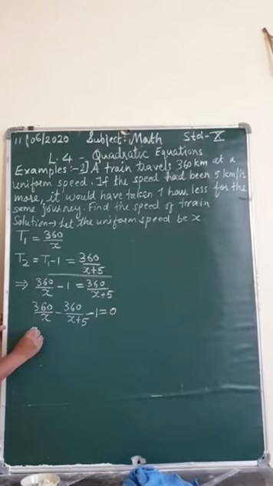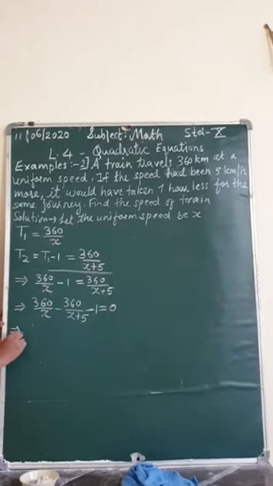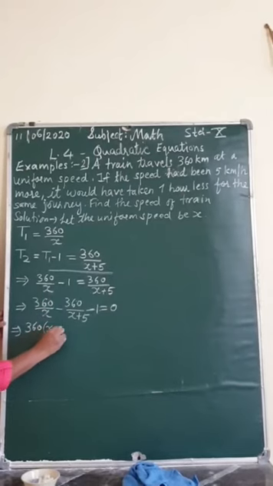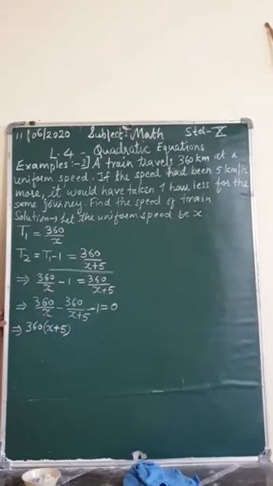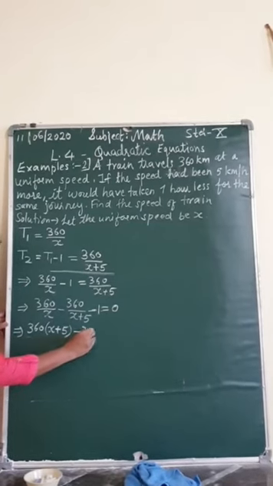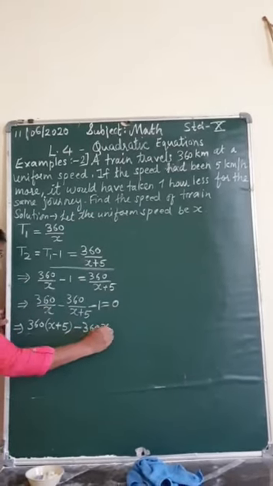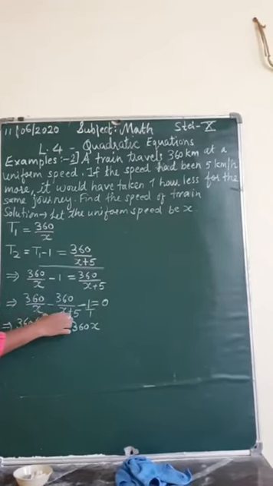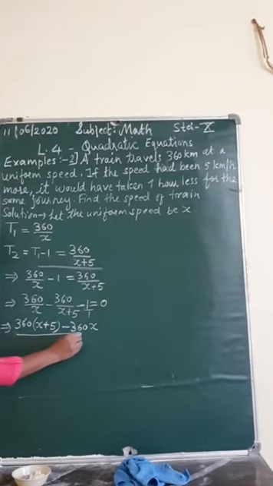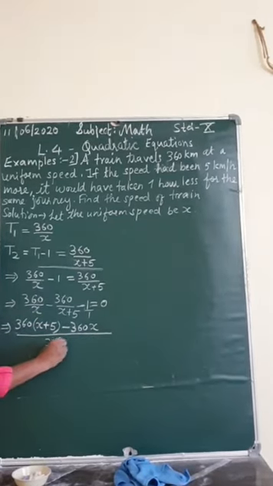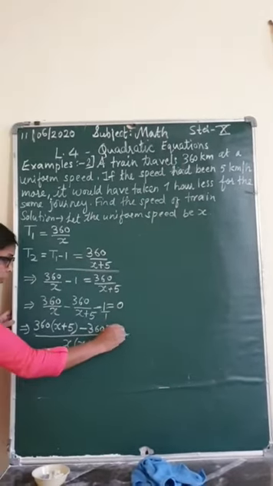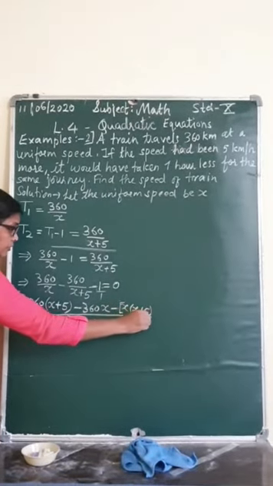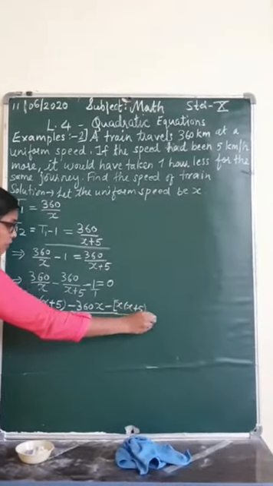So that gives us 360 into x plus 5, cross multiplying, minus 360 into x. Now here it is minus 1 upon 1. So the LCM we get is x into x plus 5, and that will be x into x plus 5 in the denominator, equal to 0.